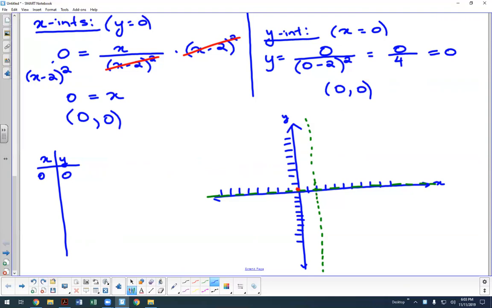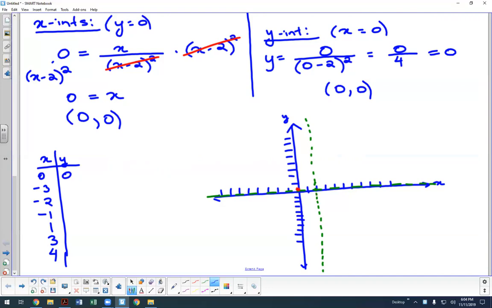So let's see, how about we do, I don't know, -3, -2, -1, +1. Can't really use 2, so how about 3 and 4 on the positive side? And let's see what kind of y values we can get and how we can use them to graph. So in our function, if we're plugging in our x with -3, what do we get?